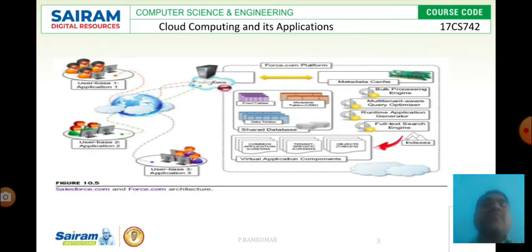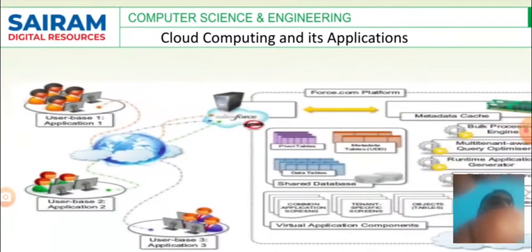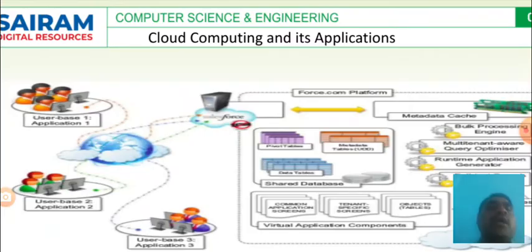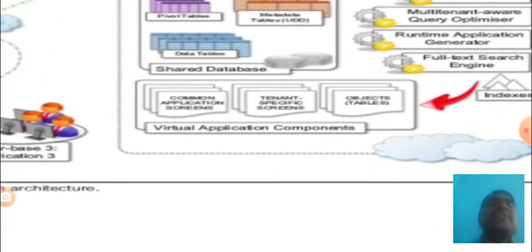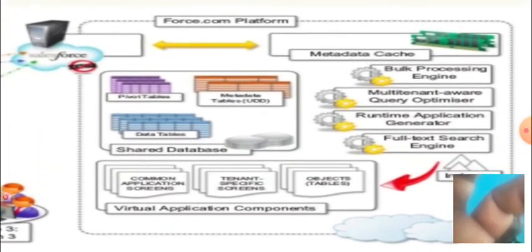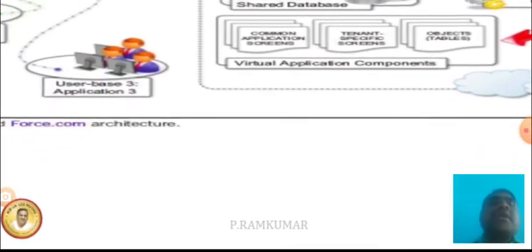So this is an overview of the salesforce.com and force.com architecture. When we look into this architecture, it consists of shared databases, virtual application components and indexes. The shared databases consist of several databases mainly used to share documents or data with other end users.